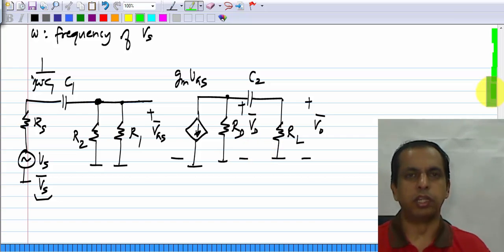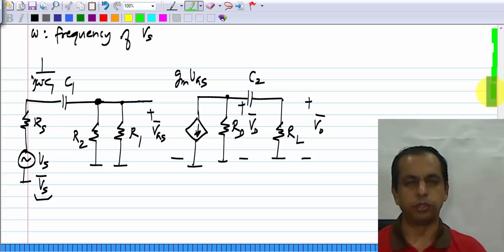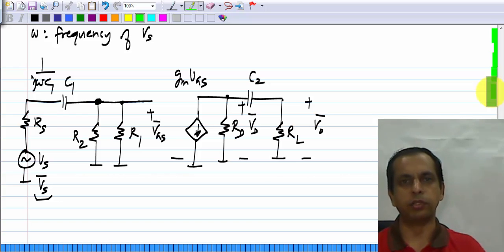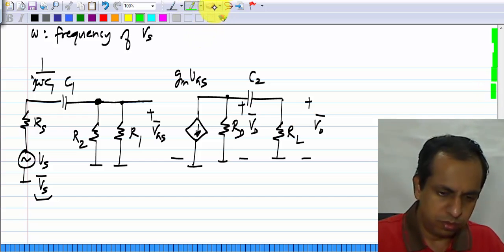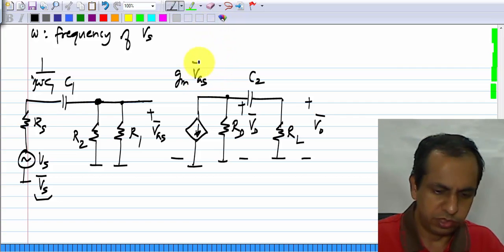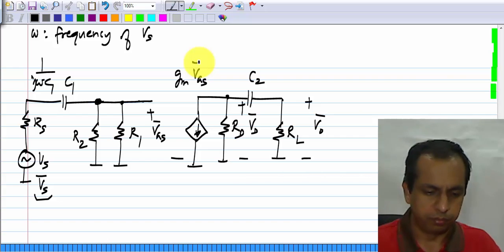Now, I will assume that you are all familiar with sinusoidal steady state analysis. If not, please go back to basic electrical circuits and brush up your basics. Now, this current source of course is Gm times Vgs, which is the phasor.